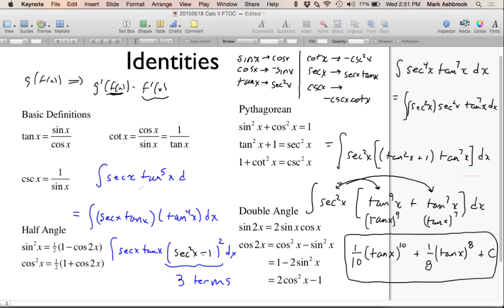And then we're home free because we can use undoing the chain rule for the first 2, and then that plus 1 times secant tangent, well, that's just secant tangent, which has antiderivative secant. So do you see the roadmap to the end there? You're going to multiply this out, get 3 terms, and then you've got 3 antiderivatives that you can do using undoing the chain rule.